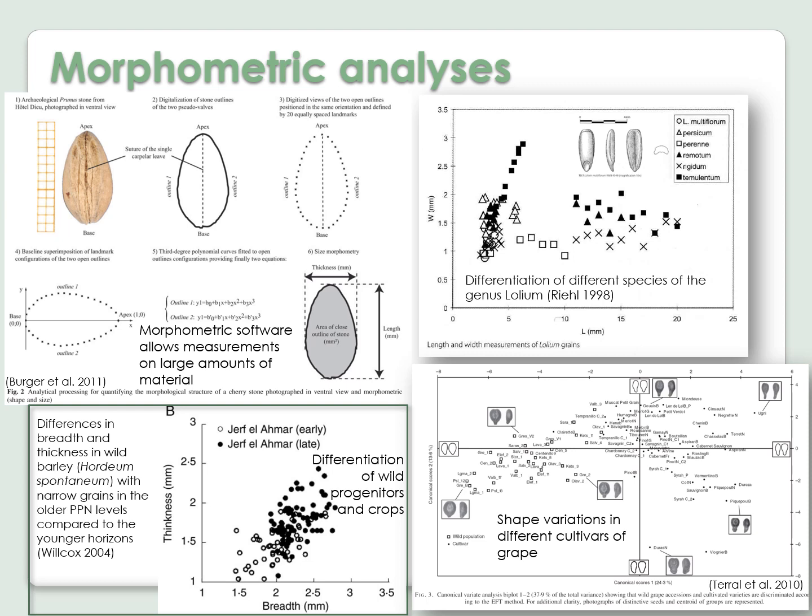They can also be helpful in differentiating different wild plant species, which are otherwise difficult to be morphologically grouped. Recently, measurements of wild progenitors of modern crops have been used to investigate the domestication rates in cereal species.